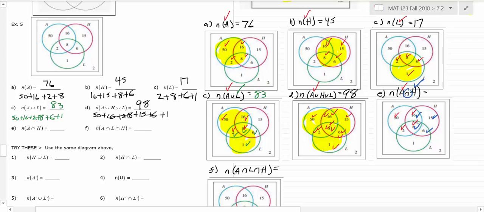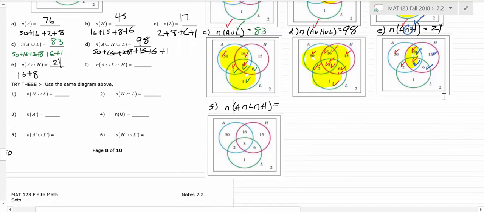So where did they blend is the question. On this one, they blend at 16 and 8. So what you do to solve this problem is you just do 16 plus 8. That's going to be equal to 24. So that's what we have.